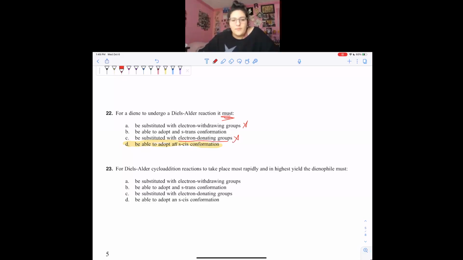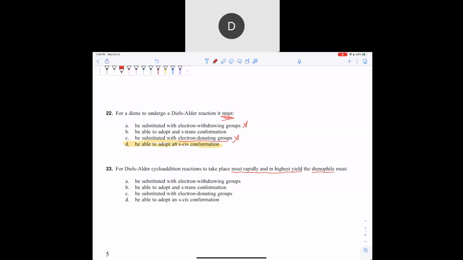Okay, so what about if I ask for most rapid and highest yield for the dienophile? What do we think? I think people are going with A. Yes, perfect.